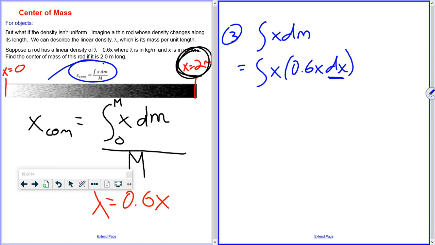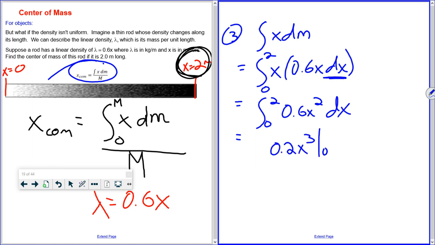We're integrating with respect to position, so we go from 0 to 2 meters, because that's how long the thing is. x times 0.6x is 0.6x squared dx. The integral of 0.6x squared is 0.2x cubed from 0 to 2. So 2 cubed is 8, times 0.2 is 1.6, and that is kilograms times meters. Kilograms is the mass, meters is the x.